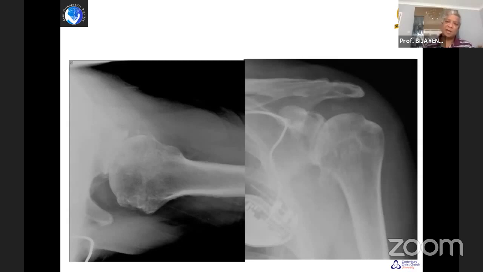The clinical examination is not going to be as good in this patient, partly because of stiffness and partly because the patient may be in pain, and that will reduce the reliability of the clinical examination.